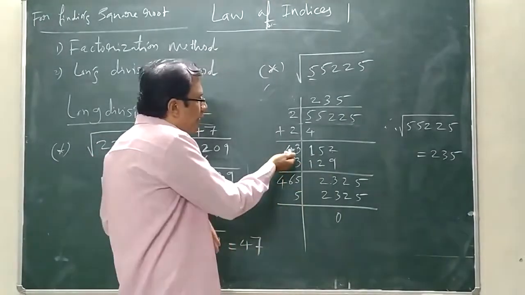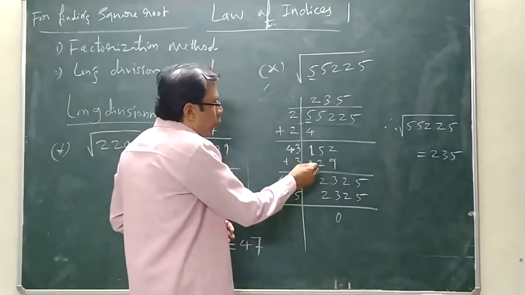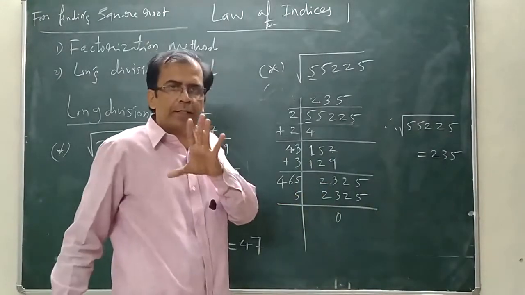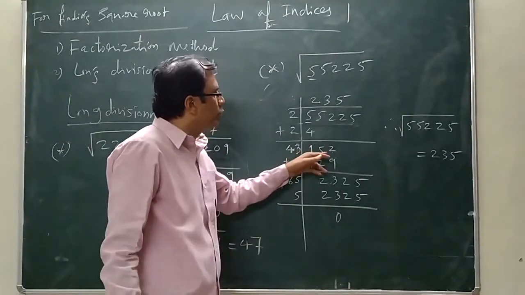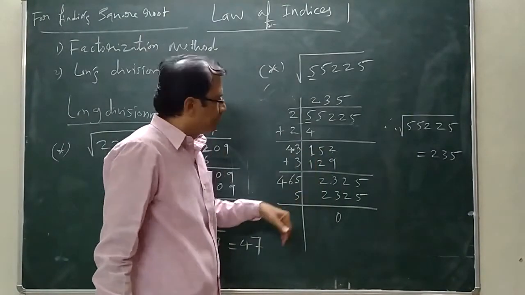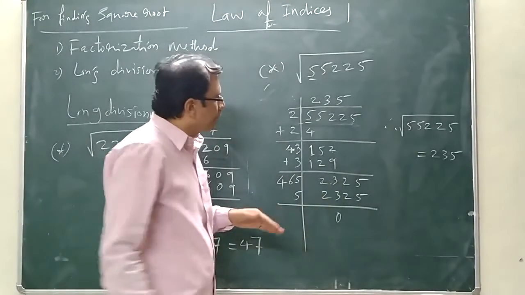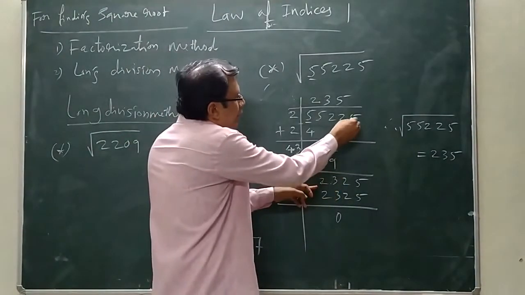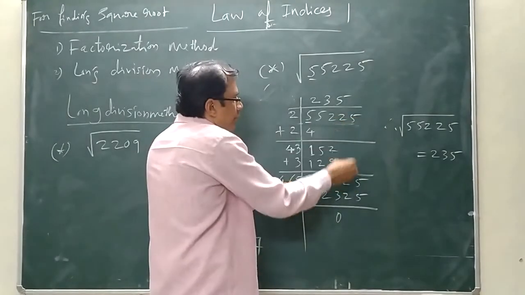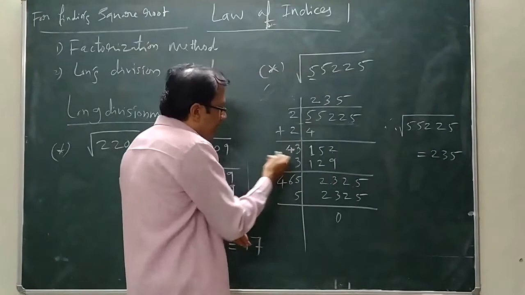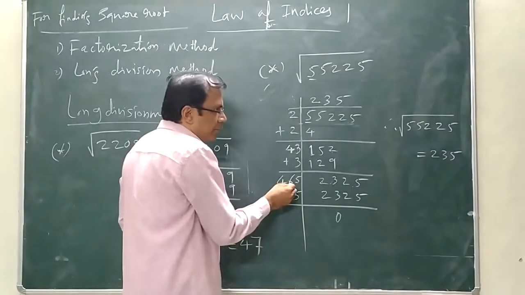You multiply 43 into 3 and you are getting 129. Then 152 minus 129 remains how much? Only 23 left. After getting 23, you bring the 2 numbers down again, so you have 2325. And whatever is here, 43 plus 3, 46.